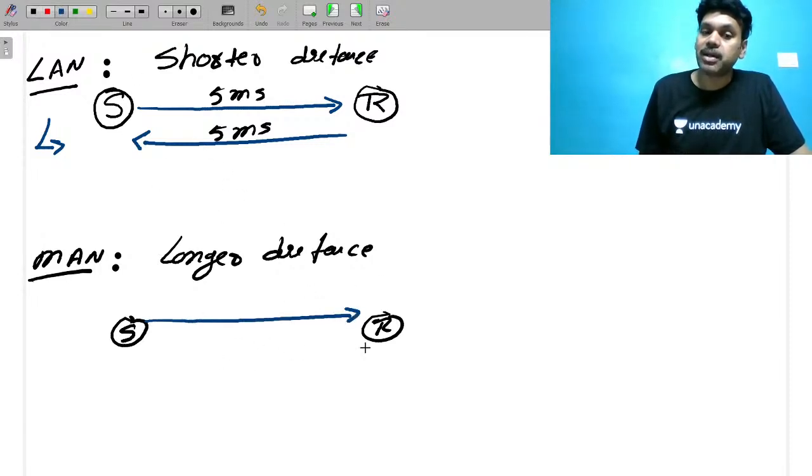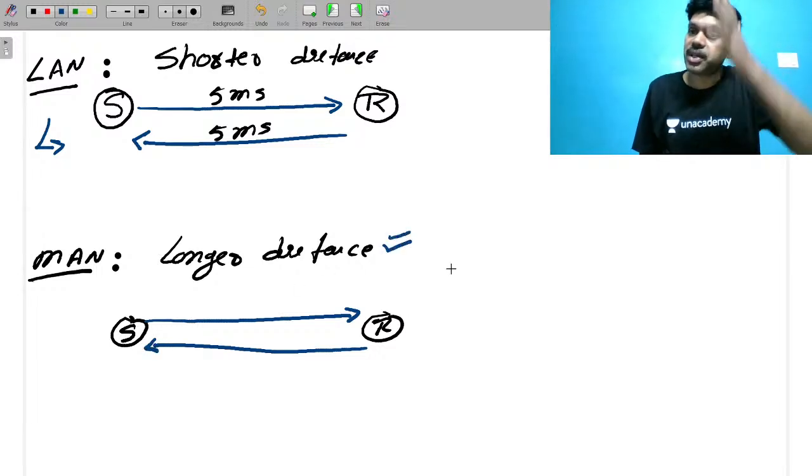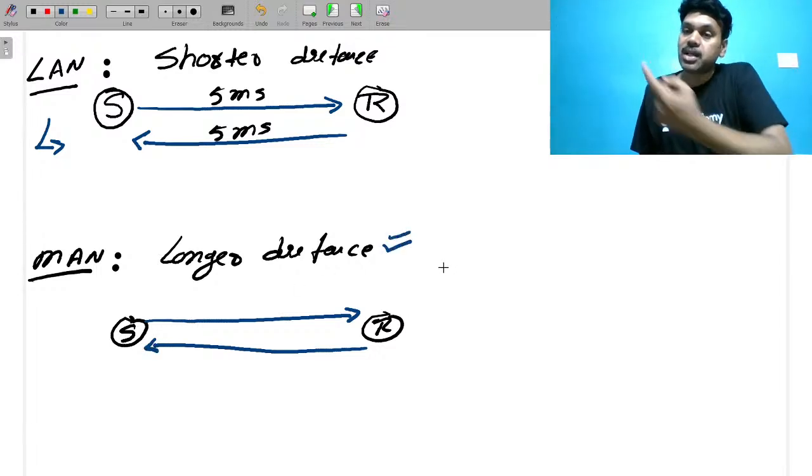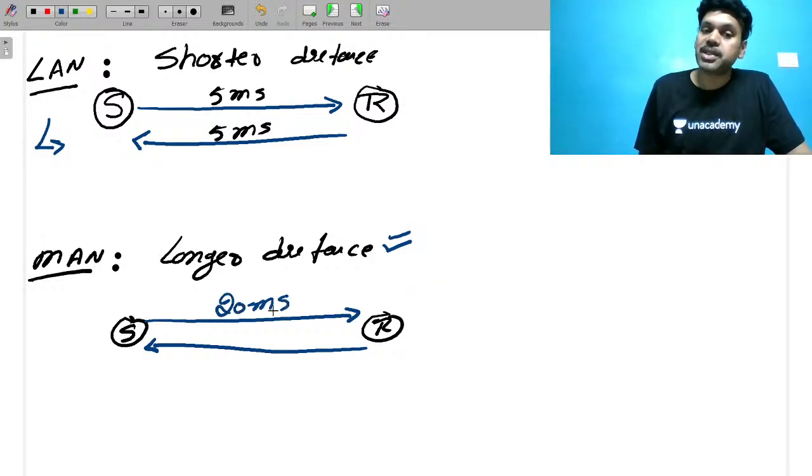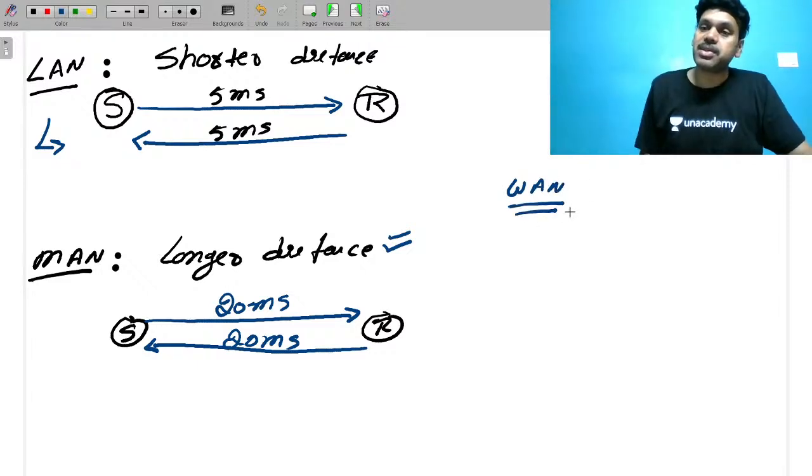Going there and coming back, as your distance increases, your data transmission time on the media is also going to increase. I'm saying that one side is taking 20 ms and the other side is taking 20 ms. Now I'm going to compare with your wide area network. You know, wide area network means a vast distance, a huge distance. This is a long distance.